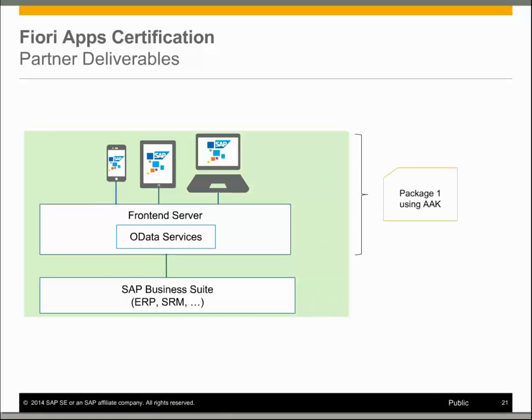So how do we do it? So we deliver a special tool called Add-on Assembly Kit or AAK. You use AAK to package your UI artifacts and then OData services. What are the advantages of using this tool? AAK. First and foremost, this is the tool that SAP uses to deliver its own add-ons, whether it's a Fiori add-on or it is SAP ABAP add-ons or support packages.